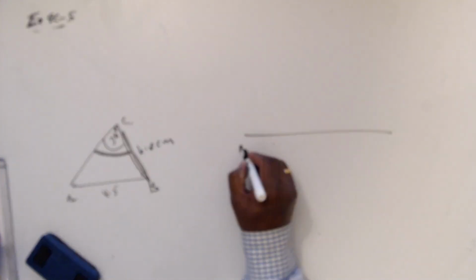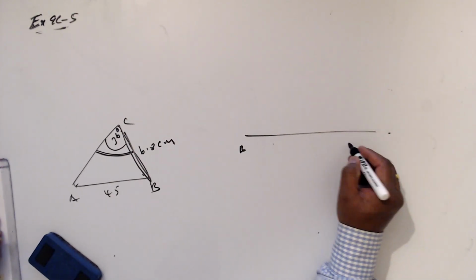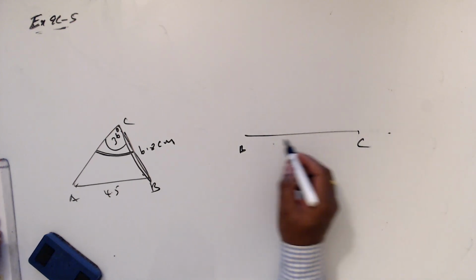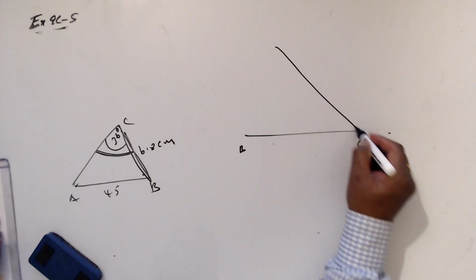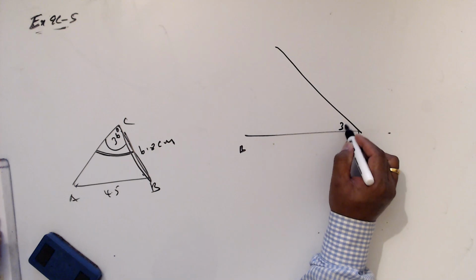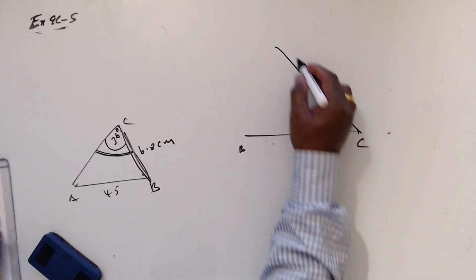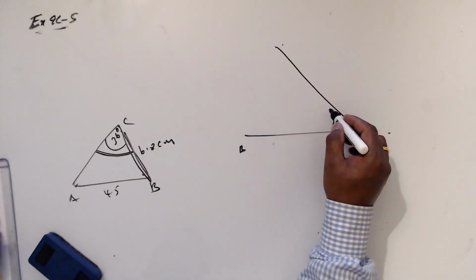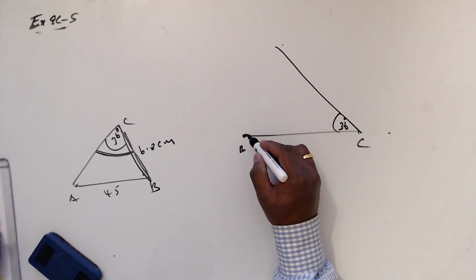This is B. This is C, and this is 36, and A is somewhere here. AB has to be 4.5, B is fixed.